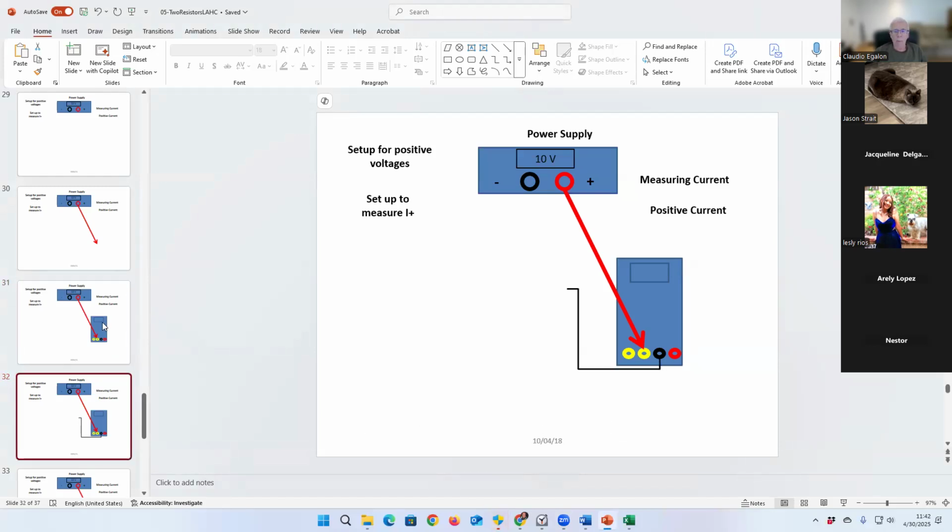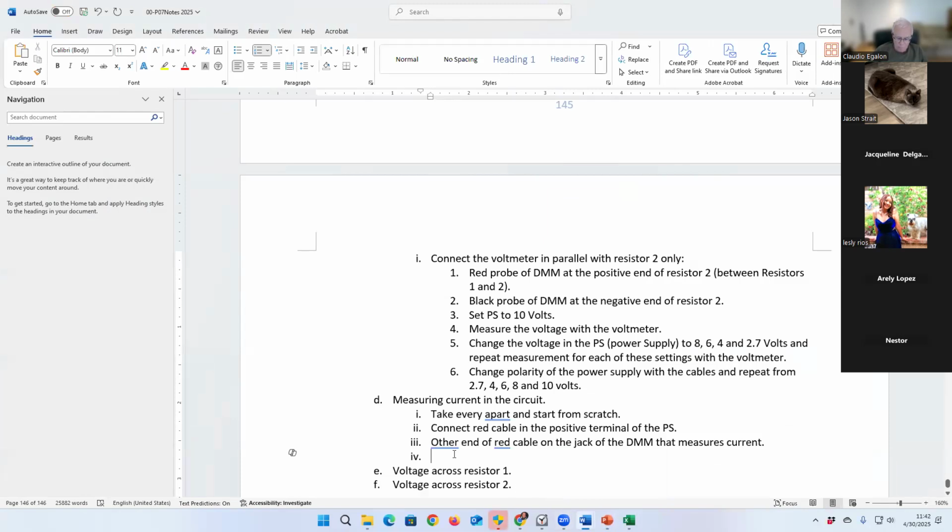So here you go. And now the black probe of the multimeter: black probe of DMM in the black jack of DMM.